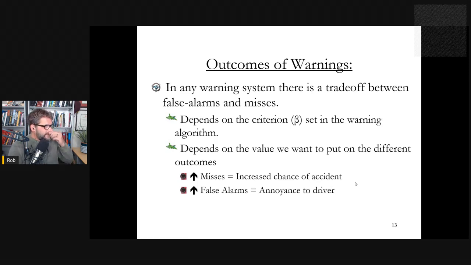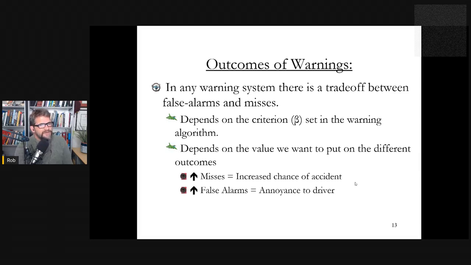It depends on the criteria, right? Which do you value more? So in driving, if I fail to warn you in an important situation, you have potential for a collision, right? So I probably want to emphasize hits. I make sure the hits level is very high.